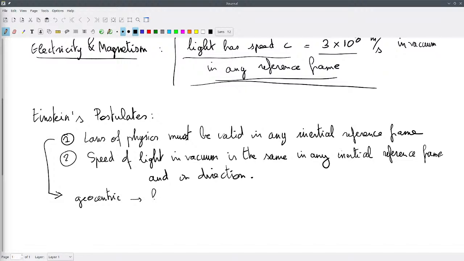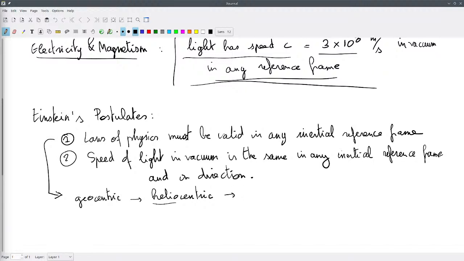Then we went to a heliocentric viewpoint, where the sun is in the center of the universe and the Earth is moving around the sun. So we've lost a little bit of our tendency of putting ourselves at the center of the universe.